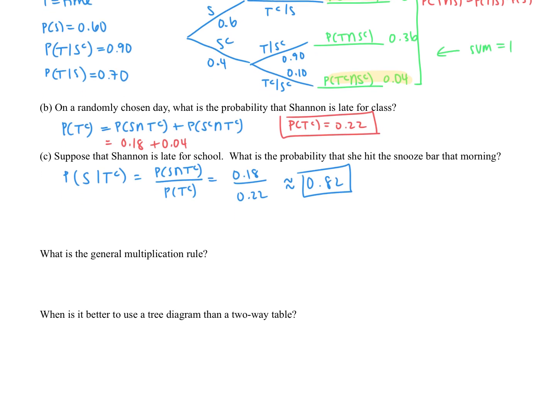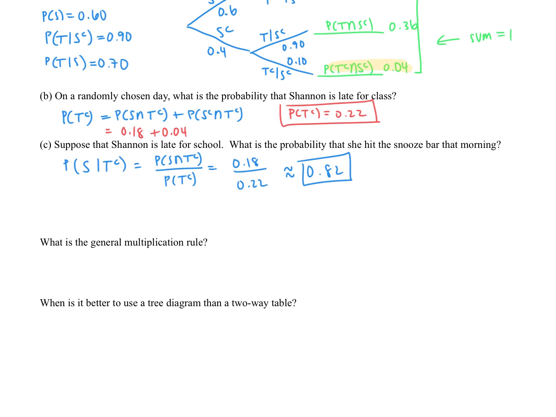Okay, general multiplication rule. I'm not going to show you the rule, we're going to find it. General multiplication rule is not on your formula sheet. On the formula sheet, though, we do have the conditional probability. So the probability of A given B is equal to the probability of A and B over B. Right, so that is your conditional.